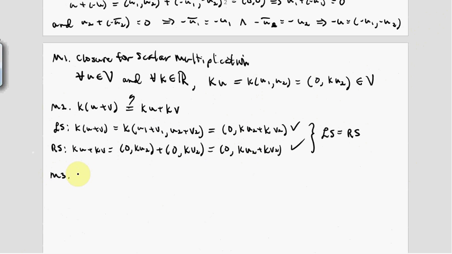M3. That is, you want to distribute two scalars, K plus L, on a vector. Is that the same thing as K times U plus L times U?